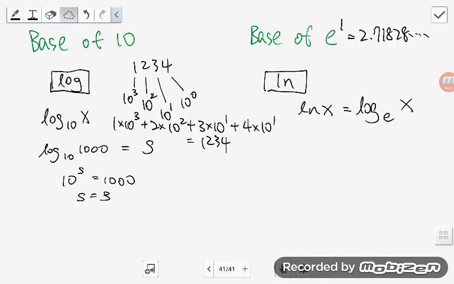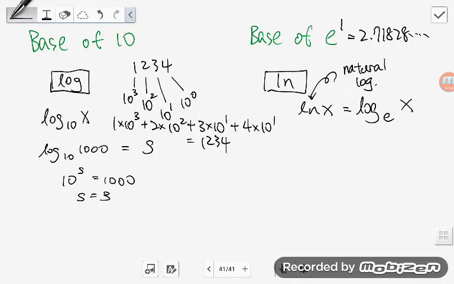Okay, so we call the log function with the base of e the natural log. The natural log. I mentioned this in class because the number e is a pretty special number, and we can find it especially in growth or decay in nature, right?